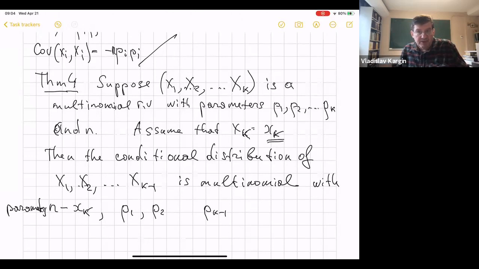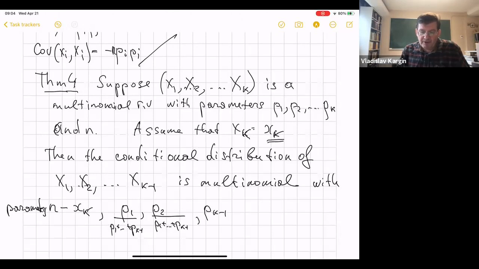The pk is missing. The simplest thing that you can do is just normalize it, divide by the sum. And it turns out that this is the correct thing. So it's equal to p1 divided by the sum p1 plus so on plus pk minus 1. And here's p2 divided by p1 plus, say, pk minus 1.